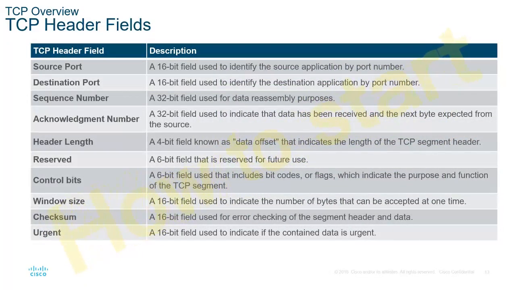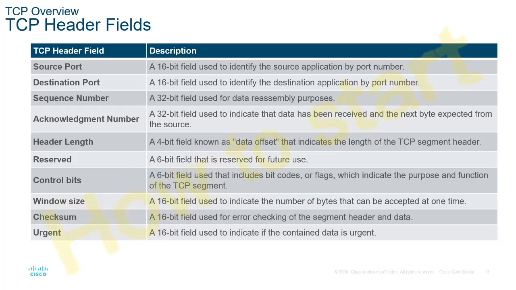Source and destination are going to be the source and destination application ports. The sequence number is a 32-bit field used for reassembly. An acknowledgement number is used to indicate the data has been received. Header length is a 4-bit field known as the data offset, and that will indicate the length of the overall TCP segment header. The reserved field is a 6-bit field that is reserved for future use.